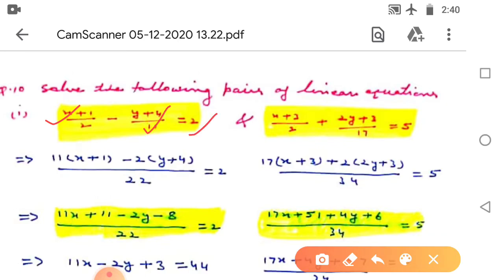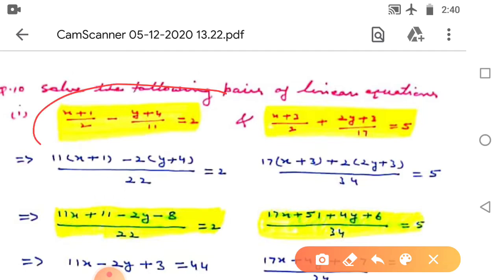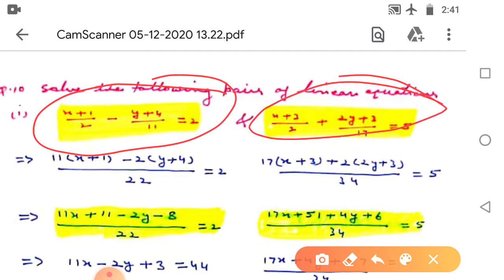And the second equation is (x plus 3) by 2 plus (2y plus 3) by 17 is equal to 5. Clear? Once again, the first equation is (x plus 1) by 2 minus (y plus 4) by 11 is equal to 2, and the second equation is (x plus 3) upon 2 plus (2y plus 3) upon 17 is equal to 5.